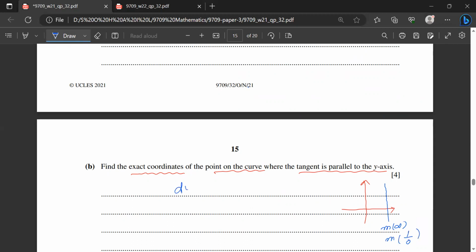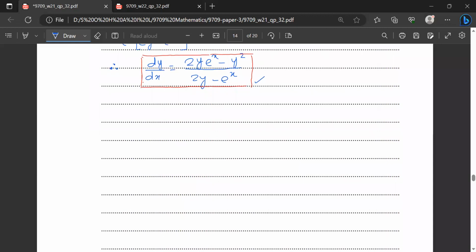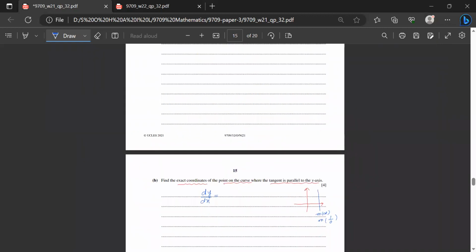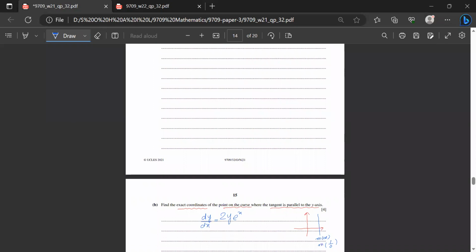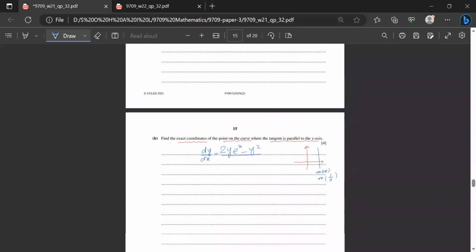So as you're given, dy by dx is equal to, this is the expression given, 2y e power x minus y square divided by 2y minus e^x.